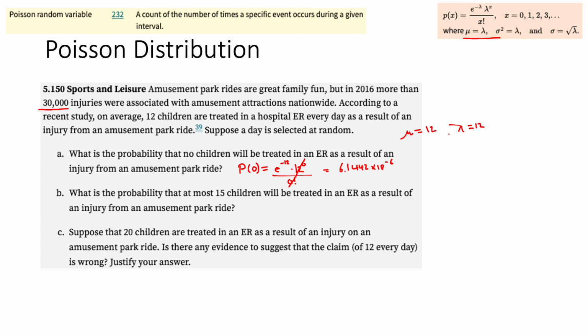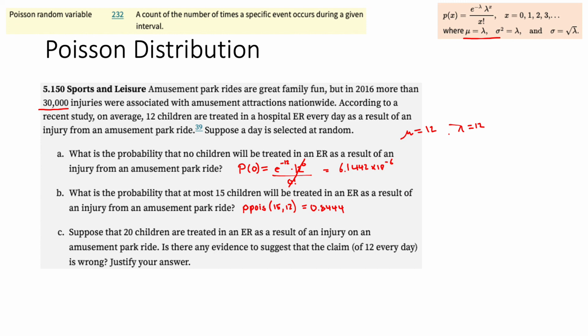But instead, we can also use our command in R, ppois, and put in our parameters here. We want 15 or less, at most 15, and our lambda, which is 12, and that gives us a value of 0.8444. Okay.